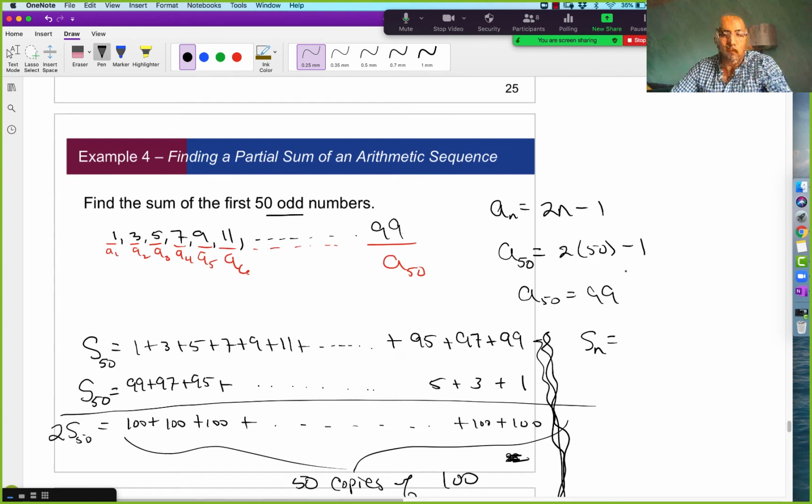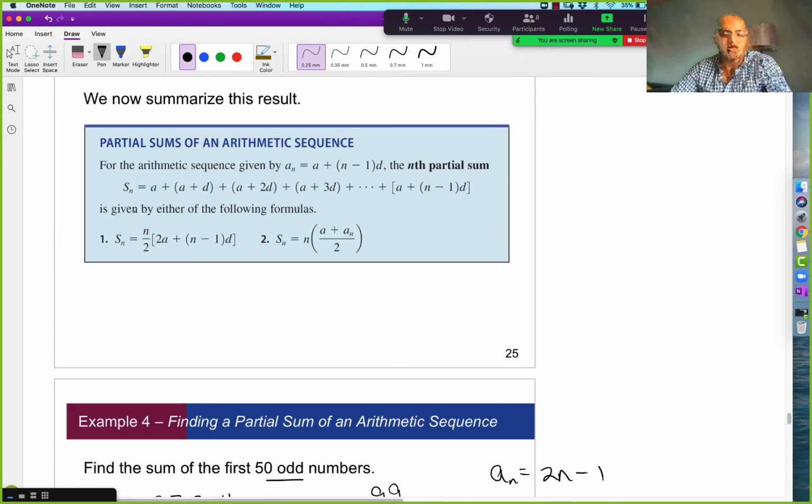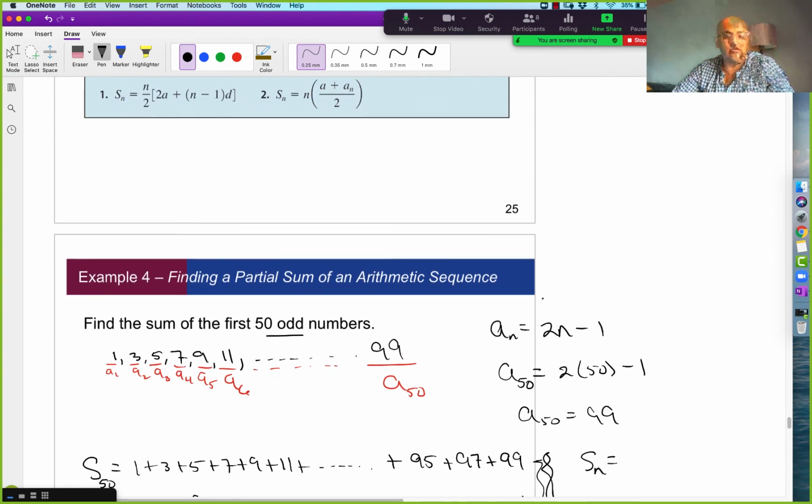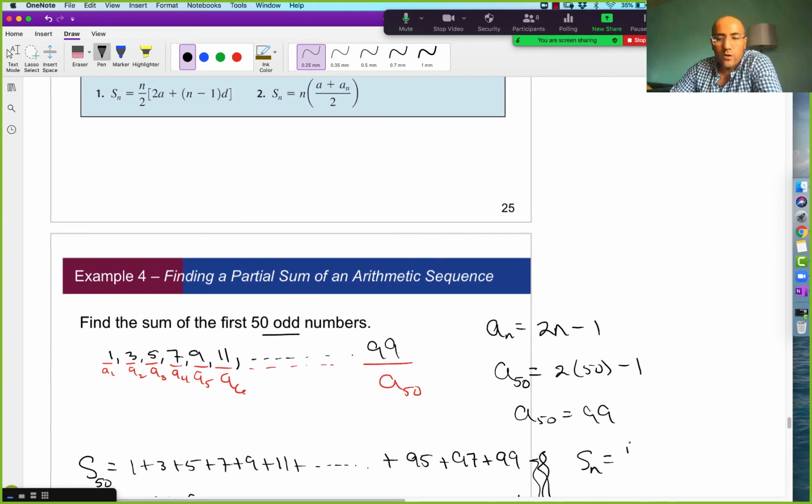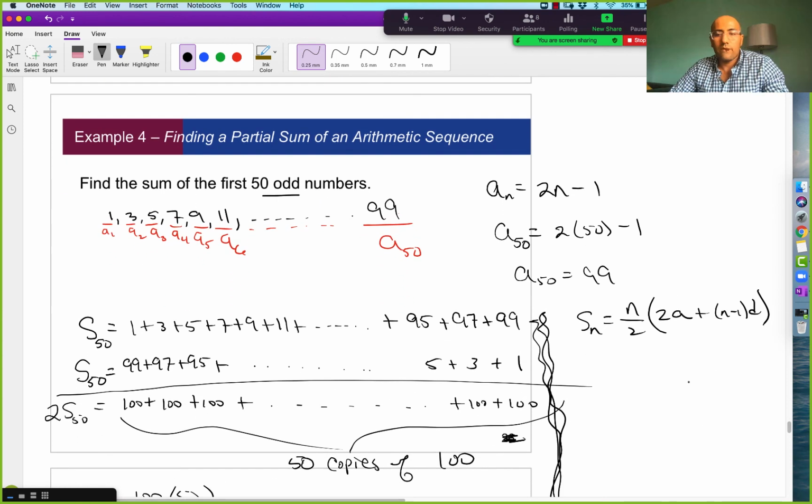So this is sort of the brute force method following his pattern. But also we have this nice little formula. The sum of the first n values is given by either this formula or this formula. We can follow either one. So one of them is that it's n over 2 times 2a plus n minus 1 times the common difference d. Okay? And so we have everything we need to be able to figure out the answer for when n equals 50.